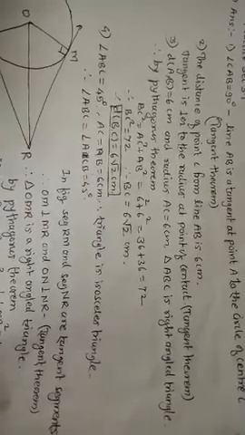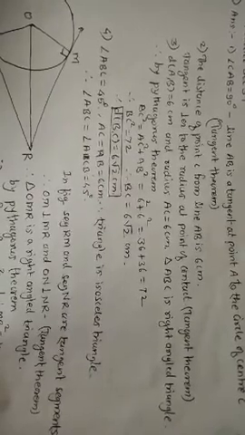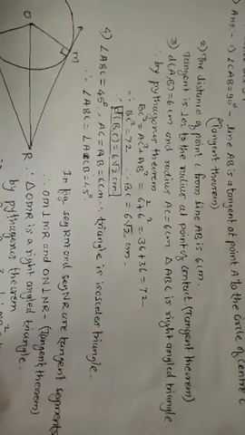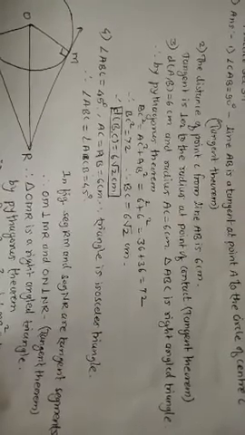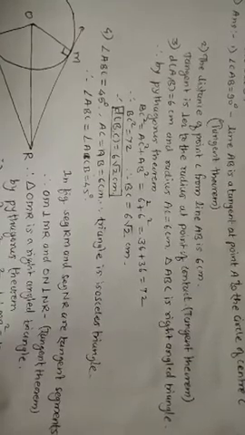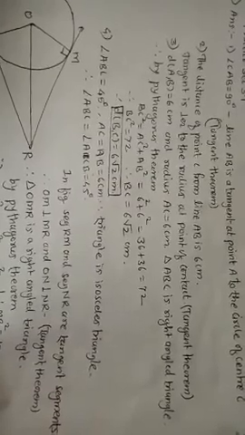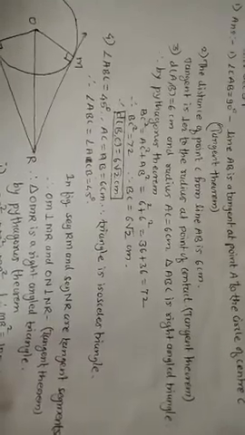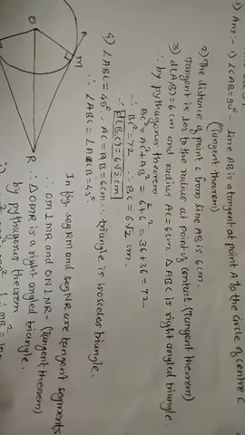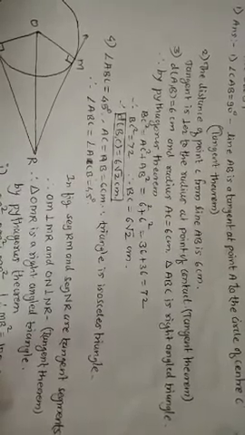By using Pythagoras theorem, BC square is equal to AC square plus AB square, which is 6 square plus 6 square, that is 36 plus 36 is equal to 72. So BC square is equal to 72. Taking square root on both sides, we get BC is equal to 6 root 2 centimeter. That means distance BC is equal to 6 root 2 centimeter.